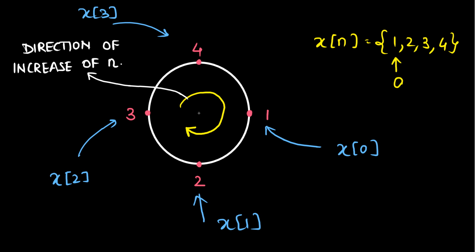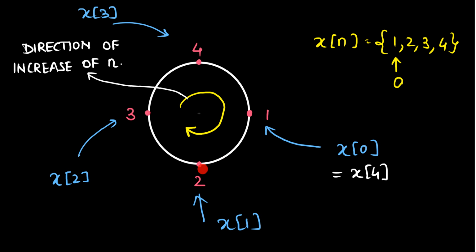So now we have x of 0 as 1, then we move circularly, so we have x of 1 as 2, then we move ahead, we have x of 2 as 3, then x of 3 as 4, and now if we go ahead and calculate the value of x of 4, we again have it as 1. So x of 0 is equal to x of 4.